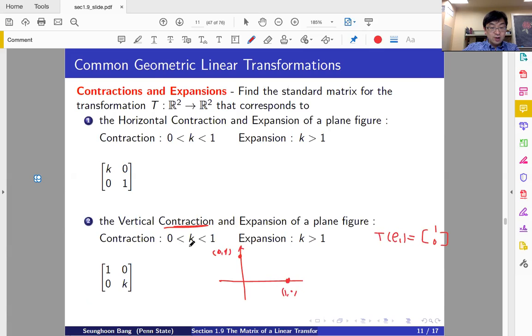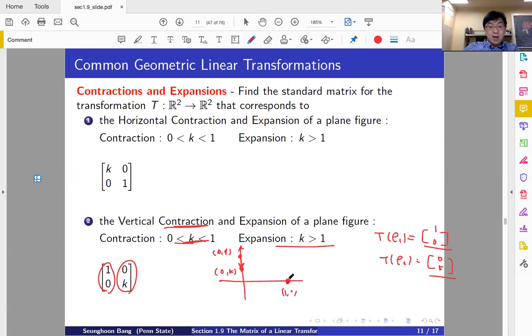For the vertical contraction, K is between 0 and 1, it contracts and moves here. So this is (0, K), and we have T(e2) equals (0, K). The T(e1) is (1, 0), the T(e2) is (0, K). So what about expansion?